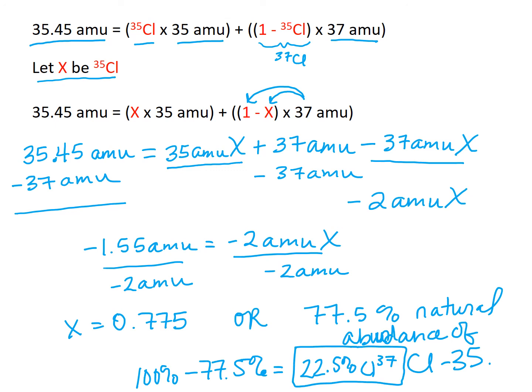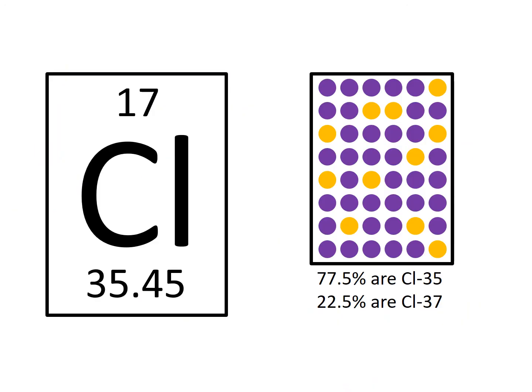Okay, so that's like a lot going on that slide. If I go to the next one, so what I found is when I take a whole sample of chlorine, right? So I've just like scooped in the dirt and grabbed this stuff. What I found is 77.5% of it is chlorine 35 and 22.5% is chlorine 37.